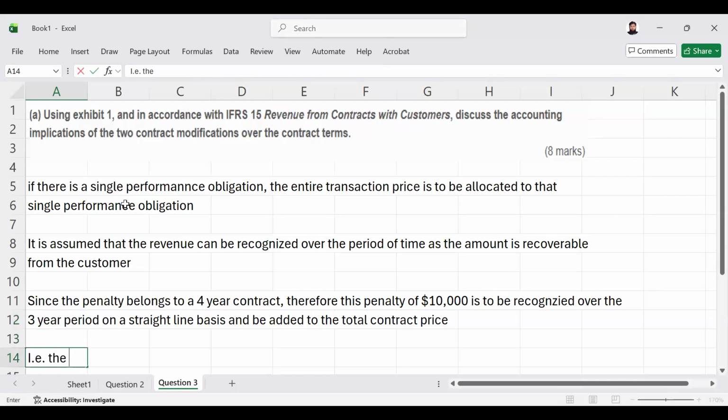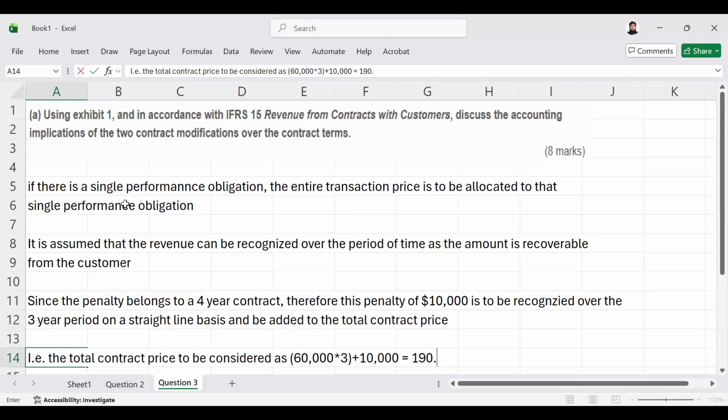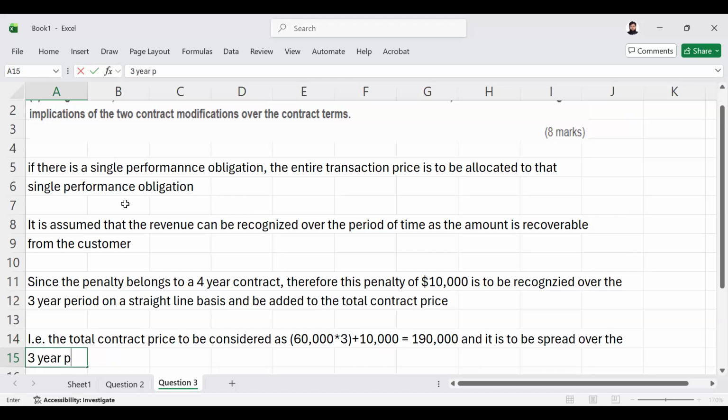That is, the total contract price is to be considered as 60,000 times 3 plus 10,000, which is 190,000, divided by 3, and it is to be spread over the 3-year period.